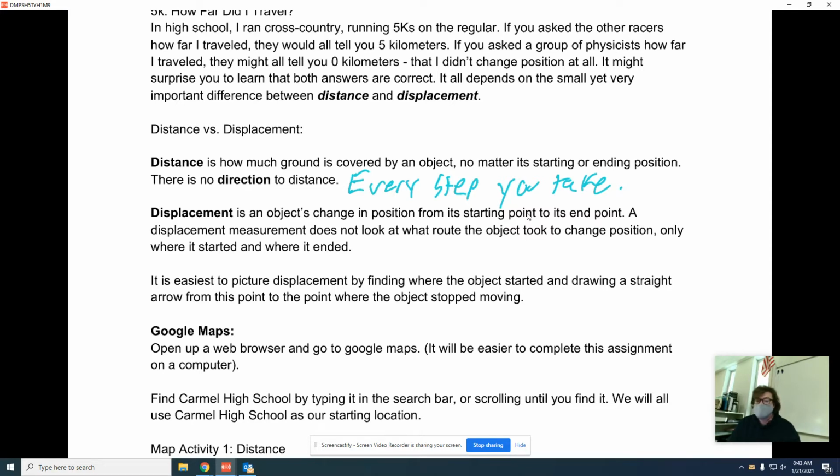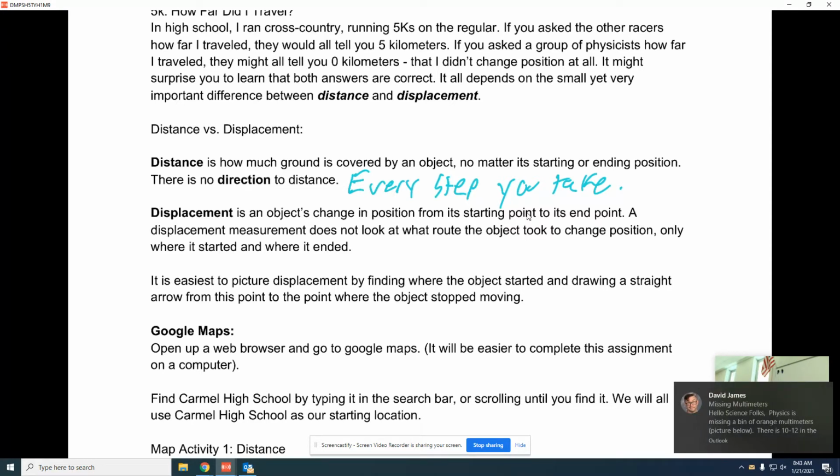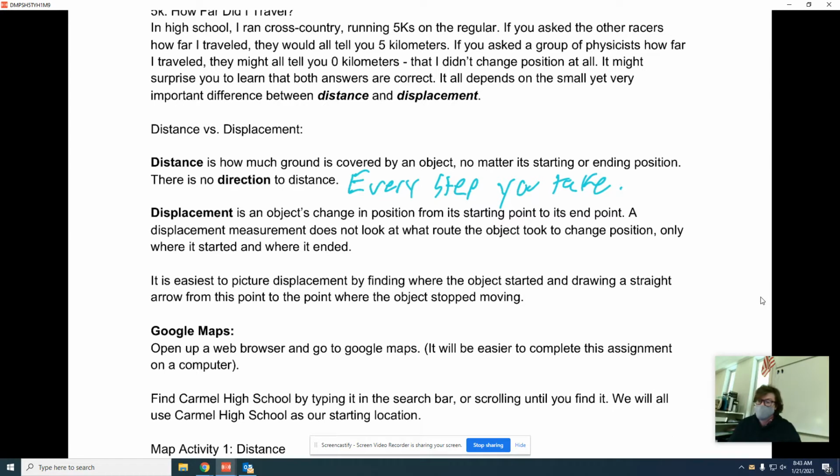A displacement measurement does not look at what route the object took to change position, only where it started and where it ended. So when we're talking about displacement, we're talking about the shortest route from start to end.